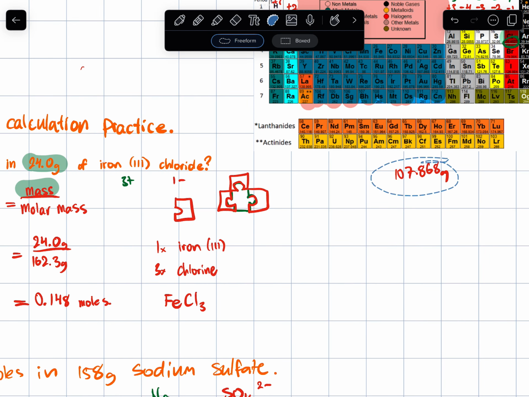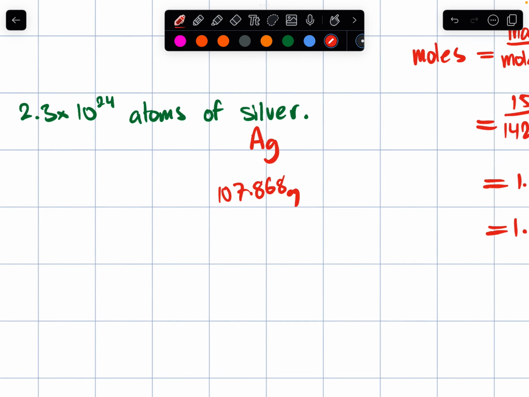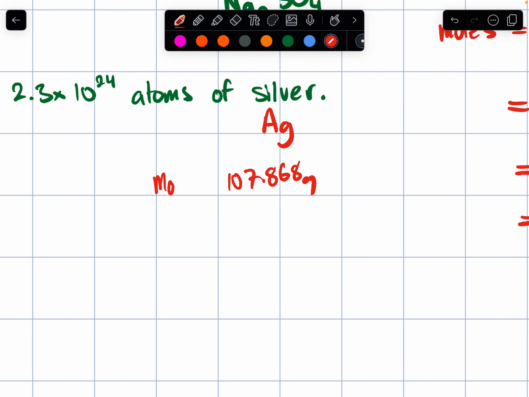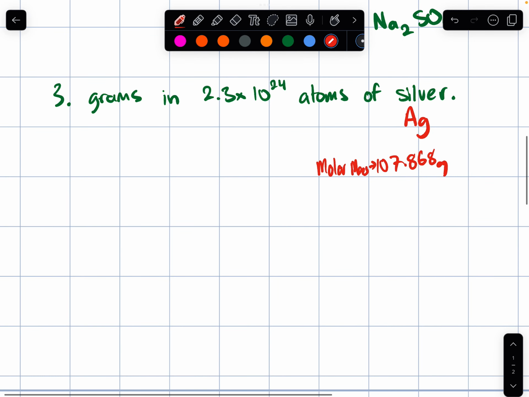And then drag this down here. That's our molar mass, obviously. Sorry, I just kind of squished it in there. Now, our molar mass is 107.868.